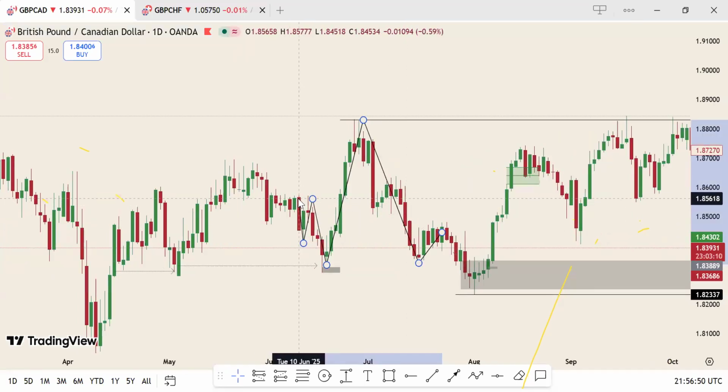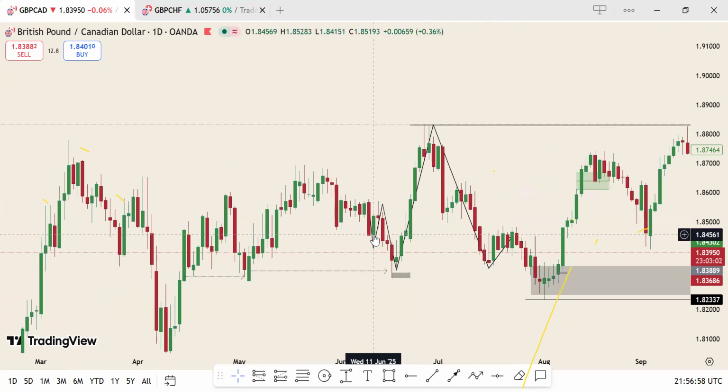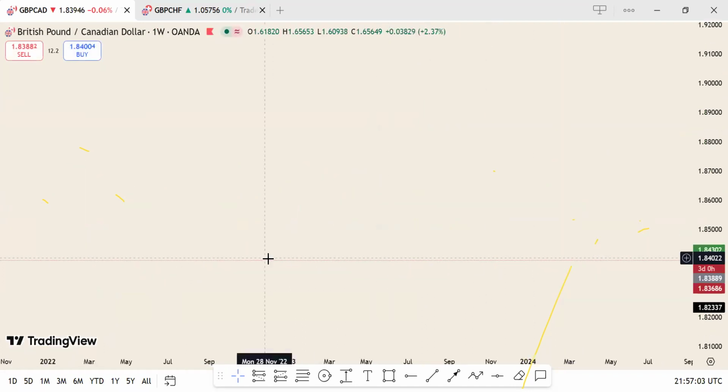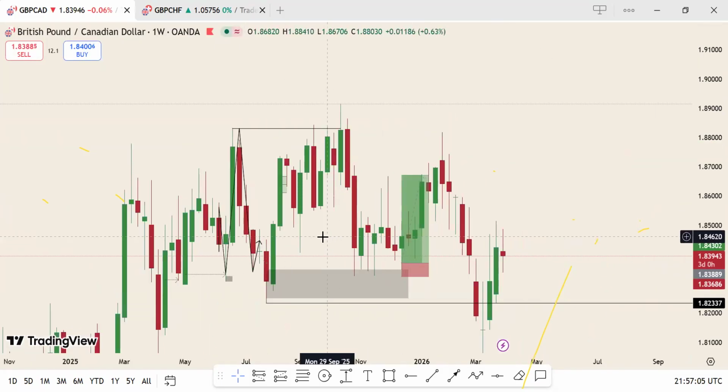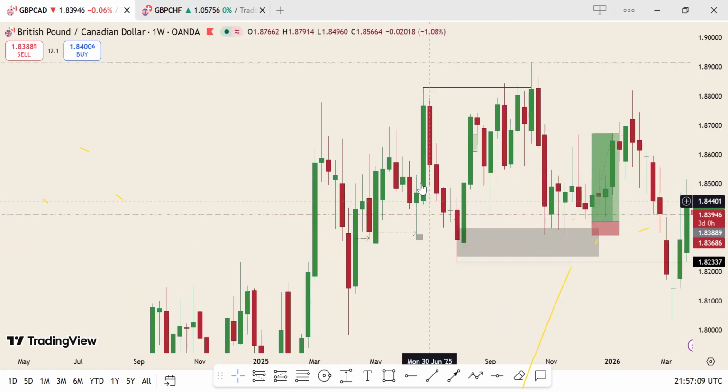This low here, this is the sweep. Break of structure, looking for a reaction somewhere around here, maybe on 4 hour. Okay. Now you go to weekly time frame. That sweep has disappeared. Let me delete this. So that sweep has disappeared.